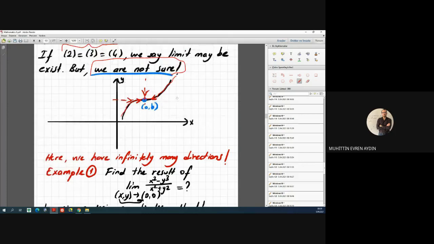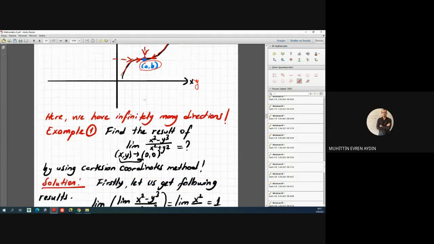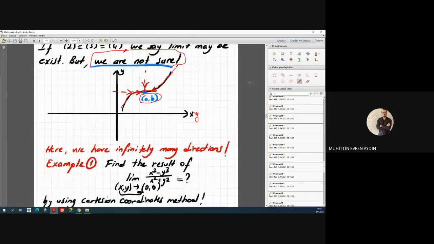As you can see, in a plane, let's say the xy plane, to any point a comma b, you can choose infinitely many directions. That's why it's not possible to check every direction. So, namely, the Cartesian method, let's put a note here.